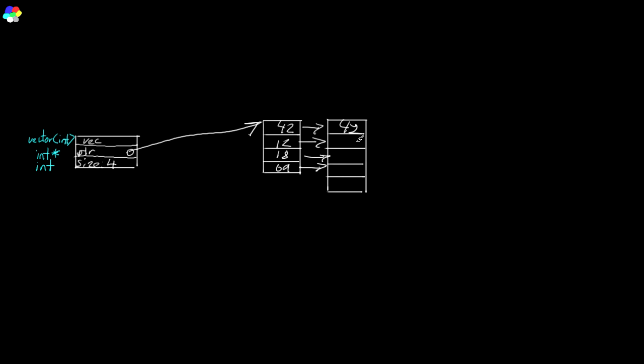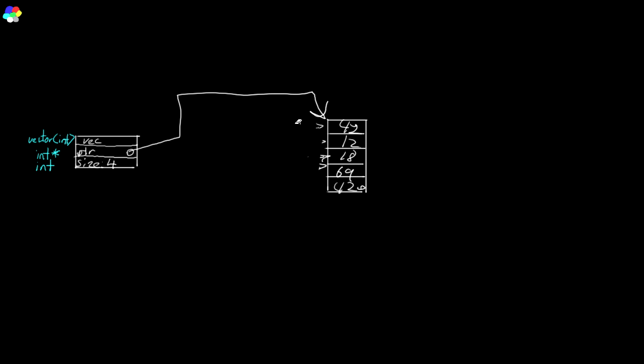So you're going to copy all these guys in here, 42, 12, 18, 69. Then you're going to put the new value that you pushed in. Let's say you pushed in a big old 420 in there. And finally, you make this pointer point to your new block. Then you erase your old block, and you update your size. Now it's 5.